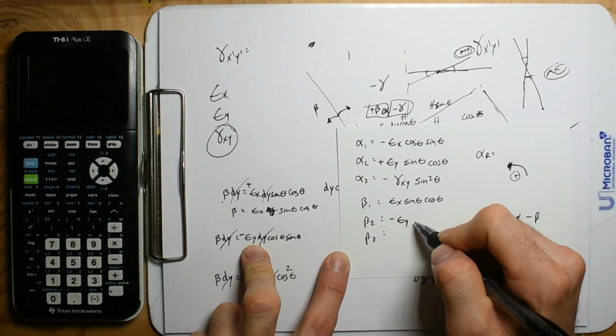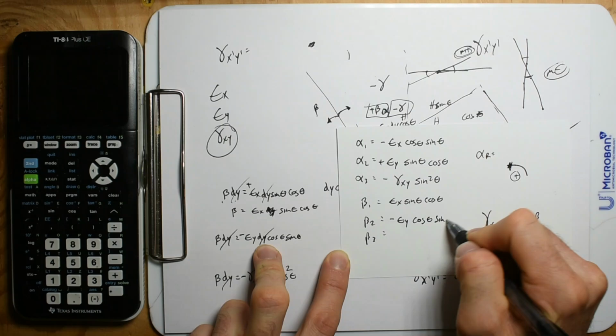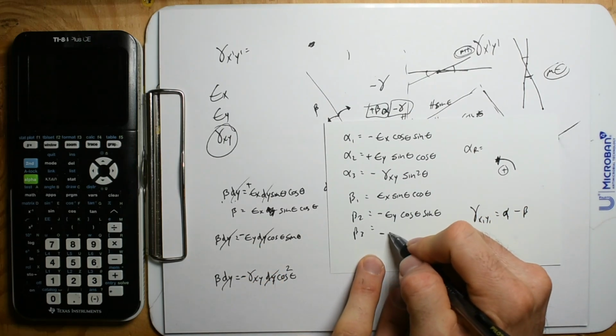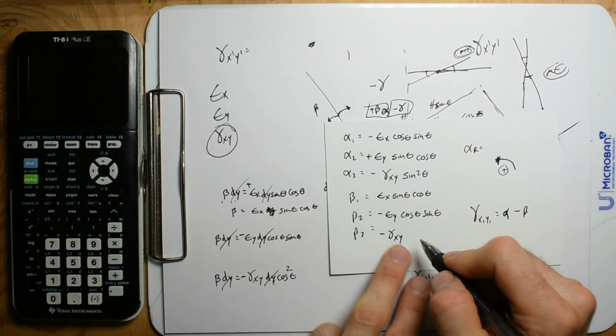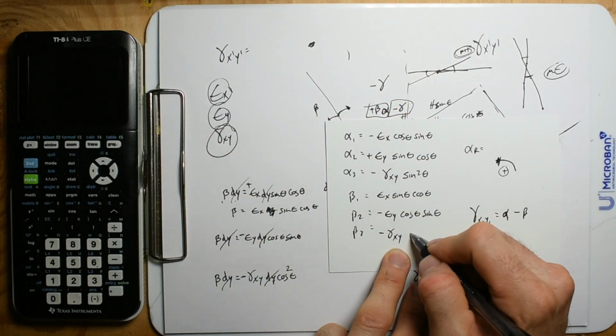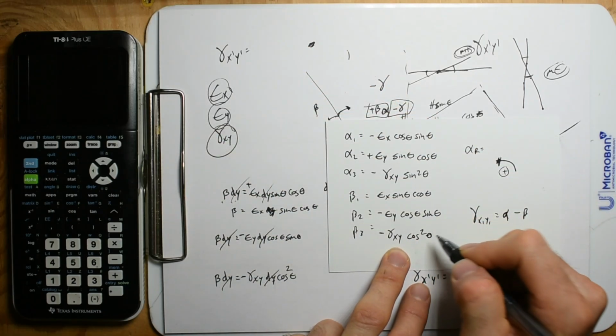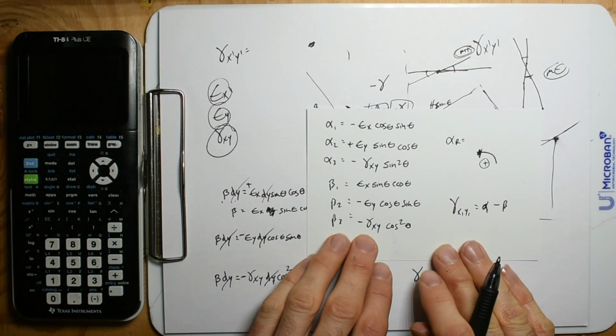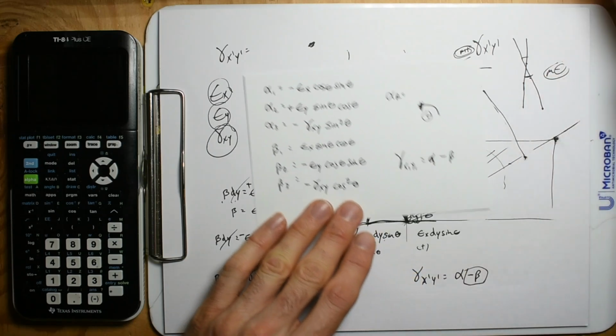Negative normal strain in the y, cosine theta, sine theta. Negative shear strain about the xy plane. Again, these three terms are given for these problems. That's going to be negative shear in the xy plane, cosine squared theta.